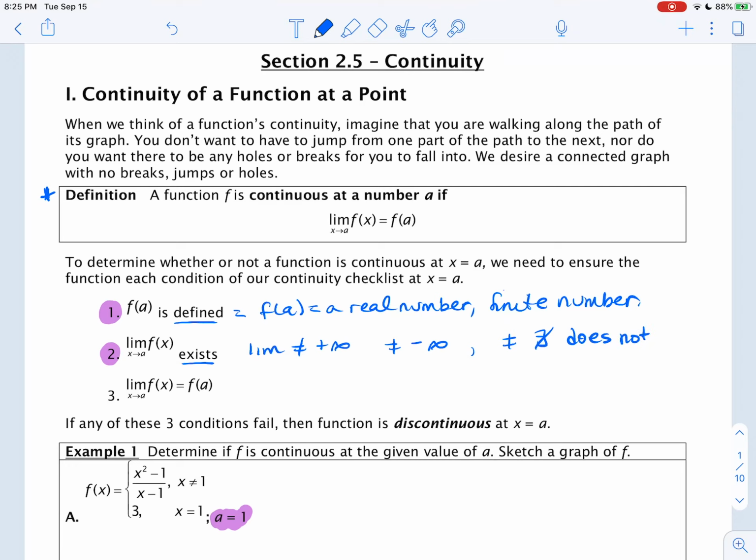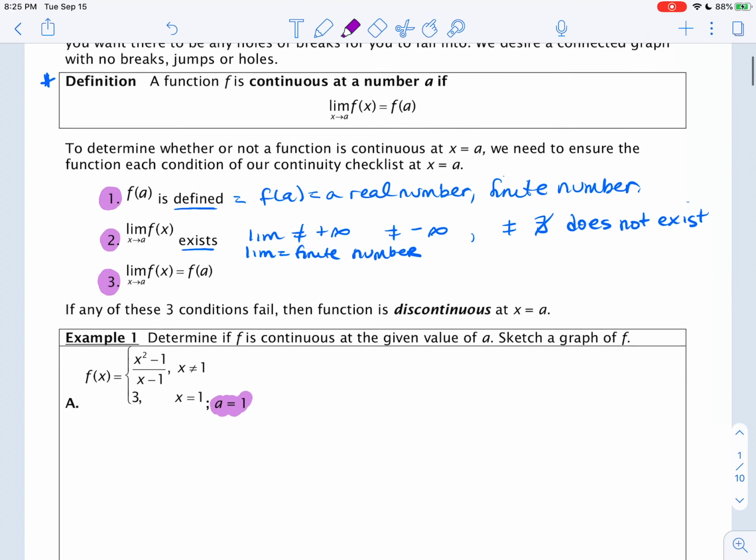So, in other words, the limit is a finite real number, in the same way that f of A is a real number, and that really unifies. The third one is that those two values have to be the same. The limit as x approaches A of f of x actually has to equal the function output, and that's when you can conclude that a function is continuous at the point A.